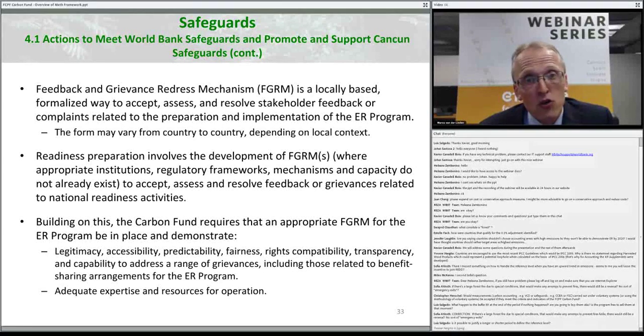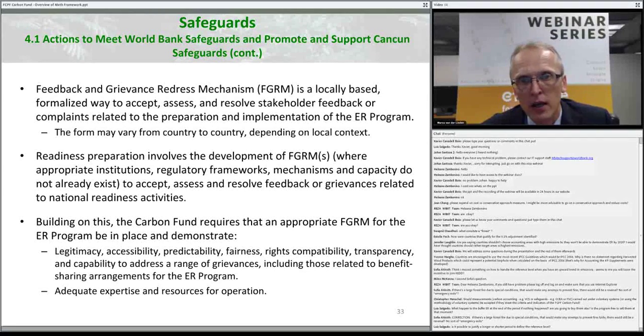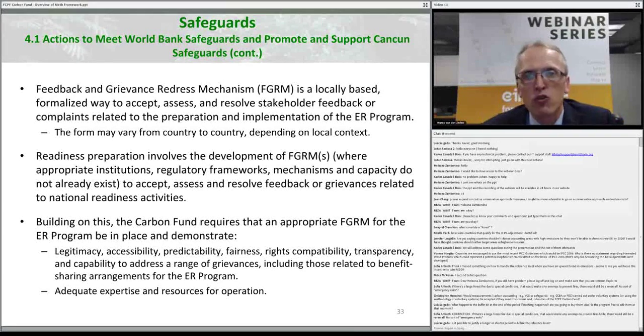So maybe as part of your readiness, you're designing your grievance redress mechanism now. Before you can start the program, you need to make sure that it's implemented at least then in the area where you're doing your program. So if the mechanism requires certain actions in certain provinces, and one of those provinces is the area that you've selected for your program area, making sure that at least what you have designed is up and running in that specific area.